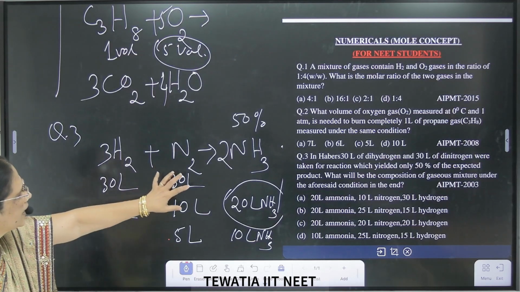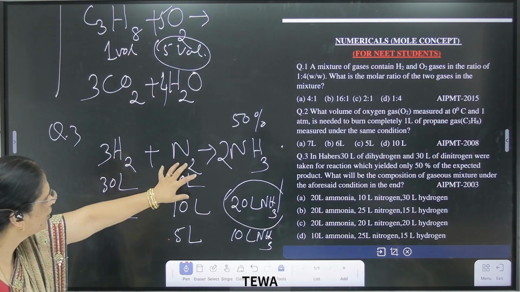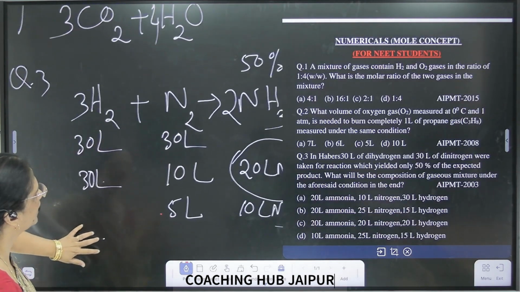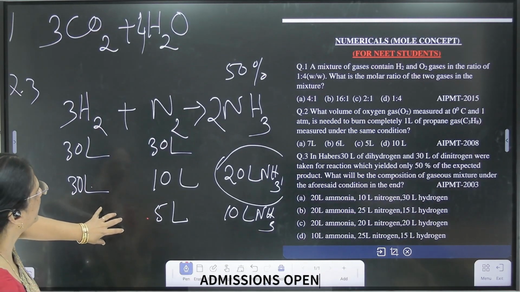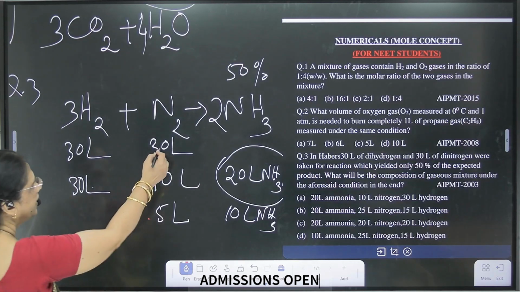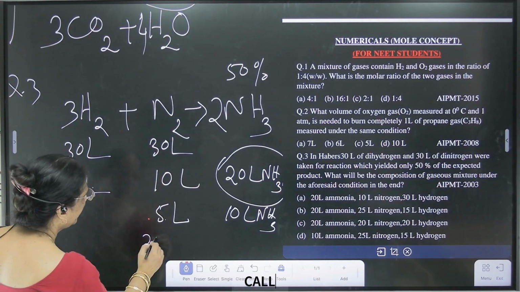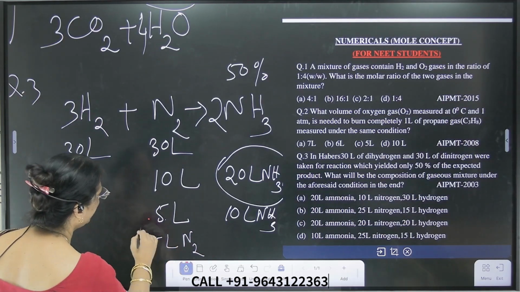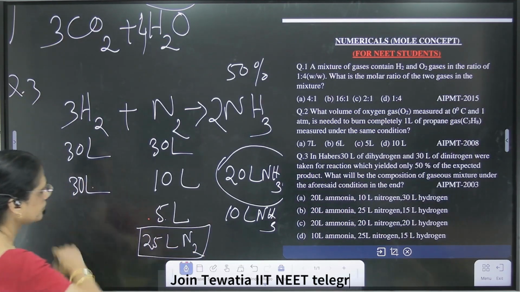Now, you have taken 30 liter of nitrogen, out of which only 5 liter is reacting to give you 10 liter of ammonia. That means 30 minus 5, 25 liter of nitrogen, it is not reacting, it is excess.